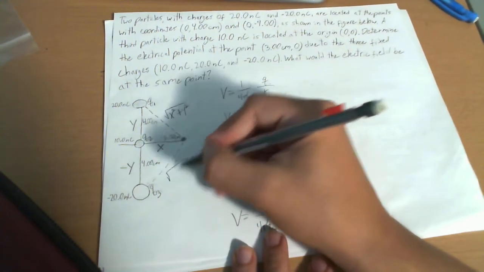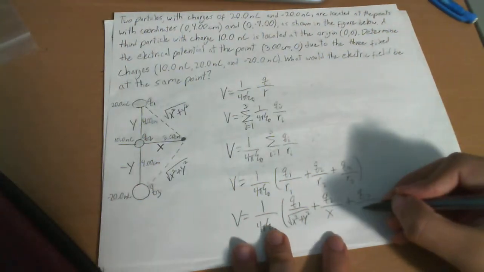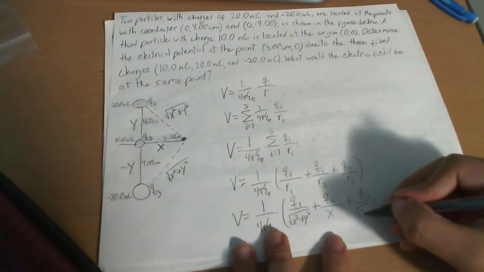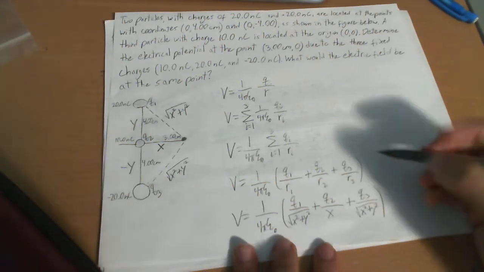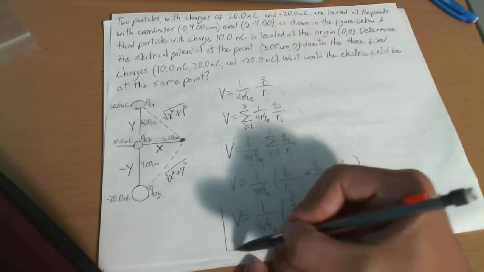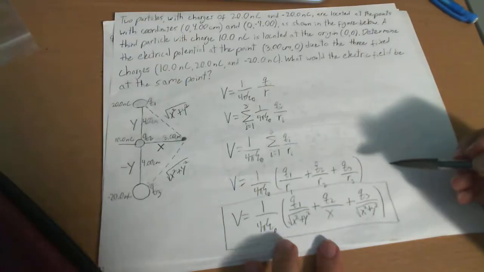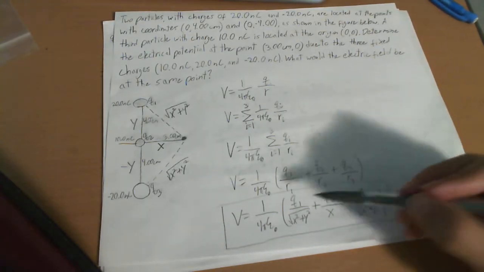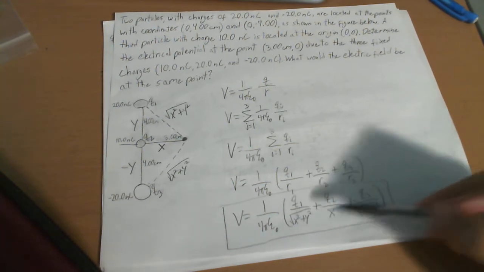Again, using the Pythagorean theorem, we get that R3 is the square root of x squared plus y squared. And that is the equation of our electric potential in terms of the charges Q1, Q2, Q3, and x and y.